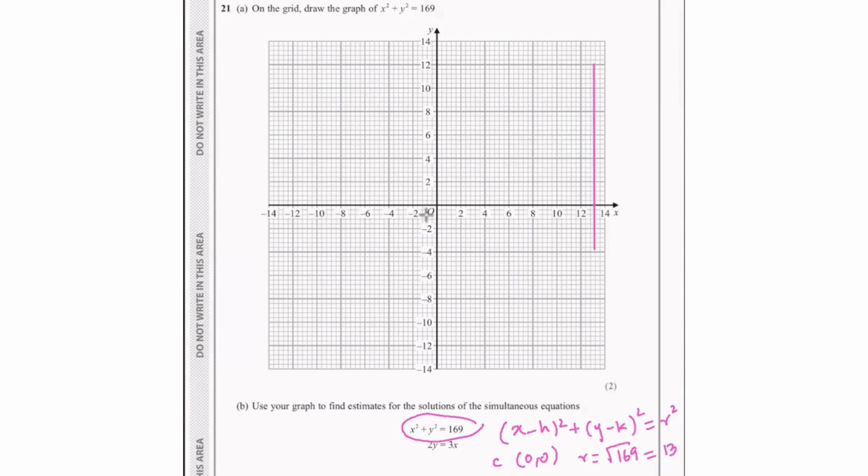Using your ruler, you will draw a line of 13 centimeters. I'm doing a very rough thing because I can't do it with the ruler over here. But you draw a circle with a radius of 13 centimeters using your ruler, and you will draw your complete circle over here.